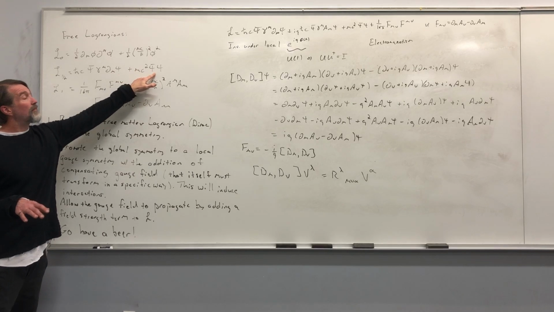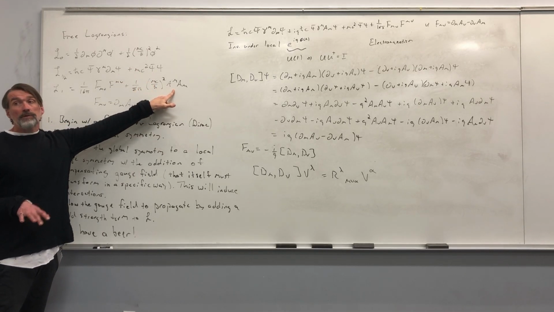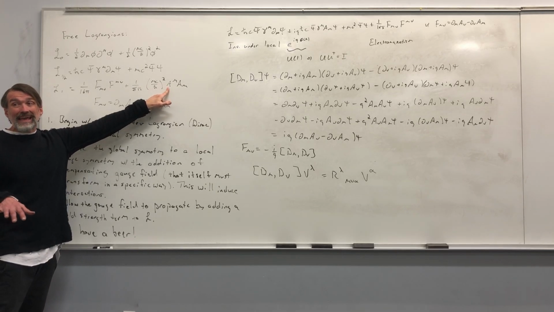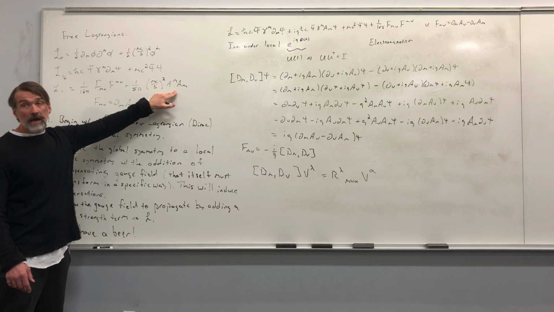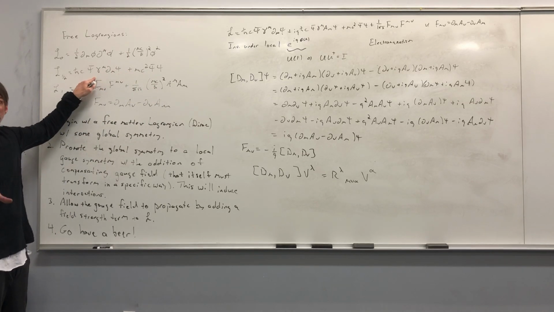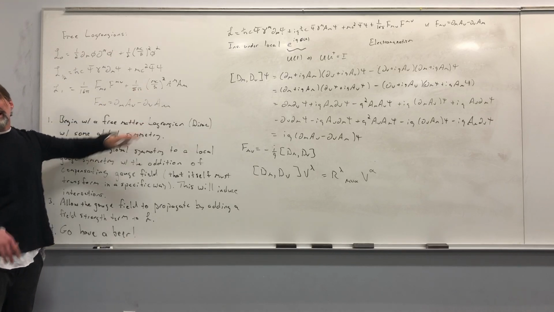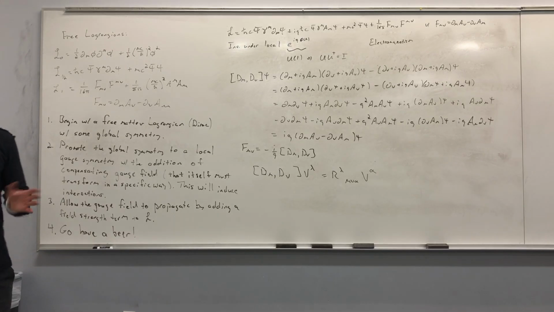These terms were automatically invariant under the local gauge transformation. This mass term was not invariant because A transforms in a different way. A goes to A minus D I Q d mu. So this term is not invariant. This term was invariant. So you can have masses for the matter, you just can't have mass for the new particles that you're putting in, the A mu's.